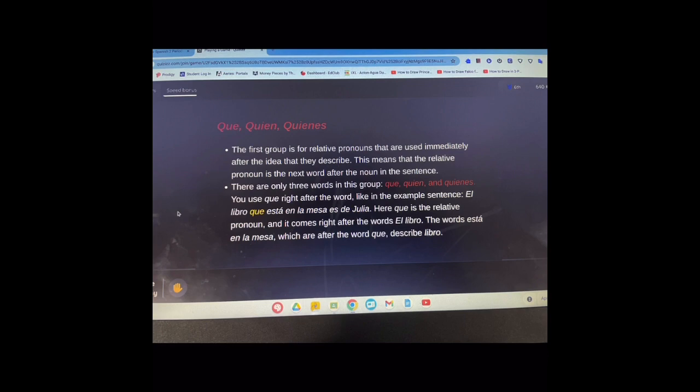You use que right after the word, like in the example sentence, el libro que está en la mesa es de Julia. Here, que is the relative pronoun, and it comes right after the words el libro.